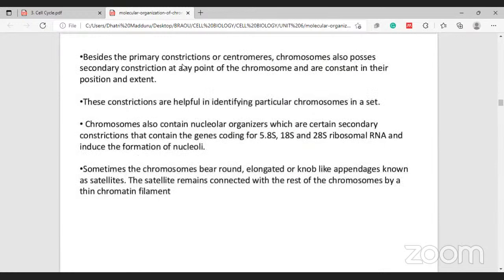Besides the primary constriction of the centromere, sometimes they can have a secondary constriction also. These constrictions are helpful in identifying a particular chromosome in a set. The secondary constrictions contain the genes which are coding for 5.8S, 18S, 28S ribosomal RNA.